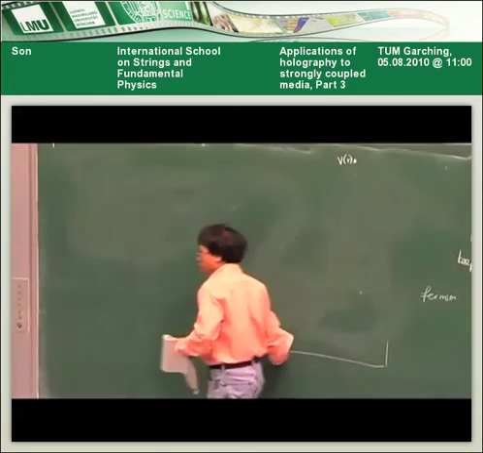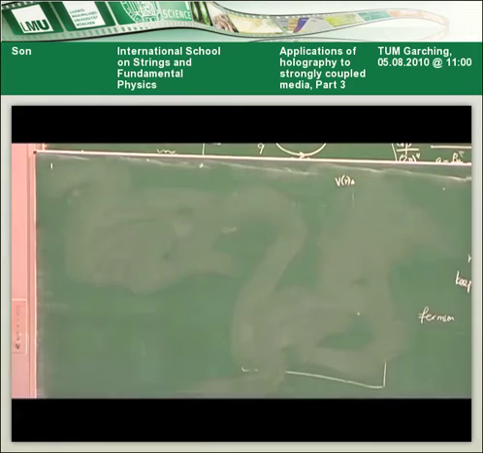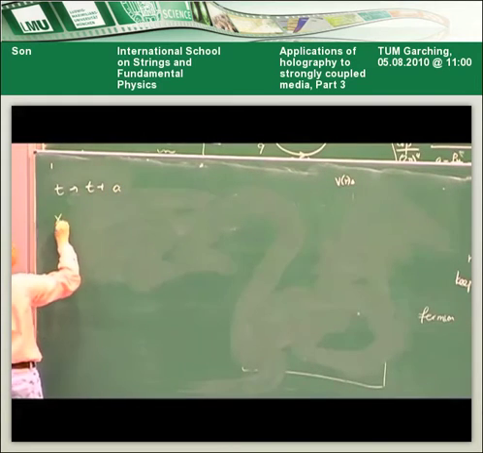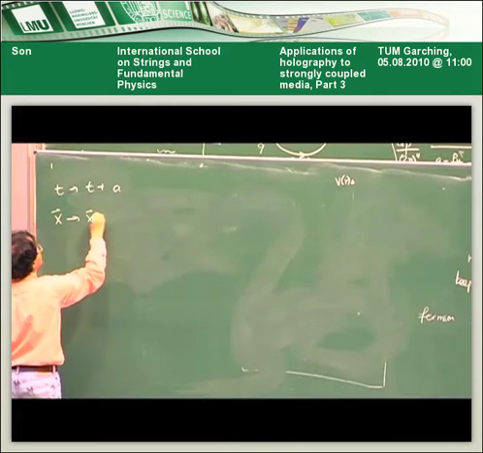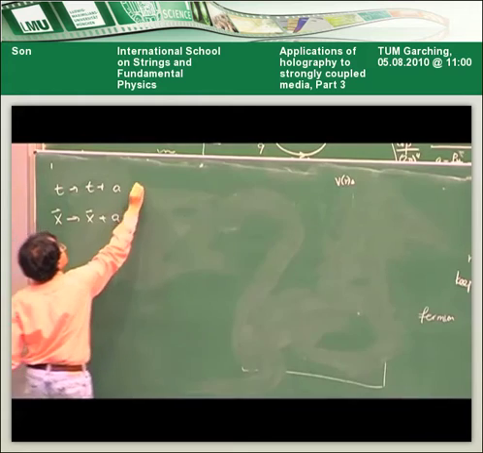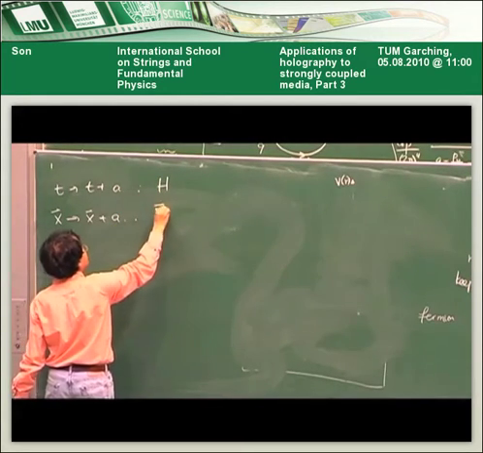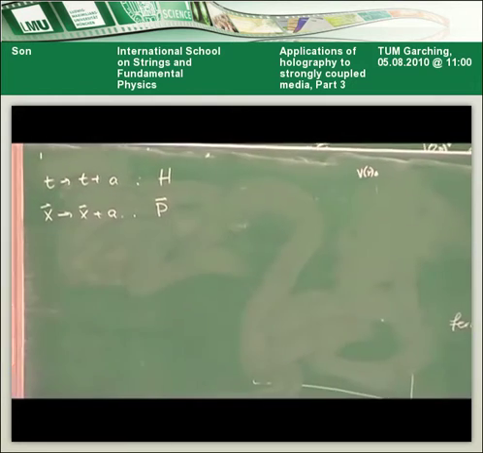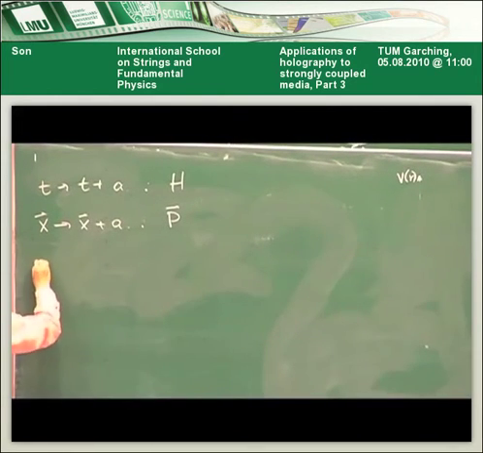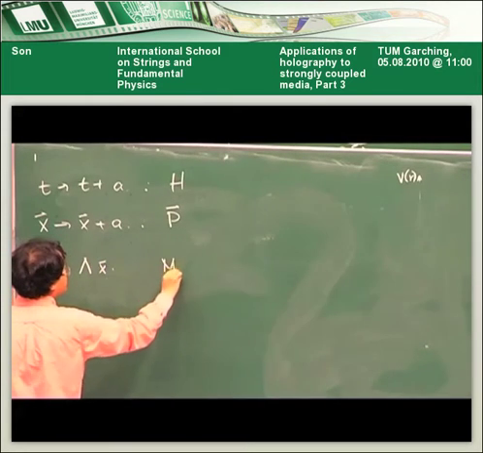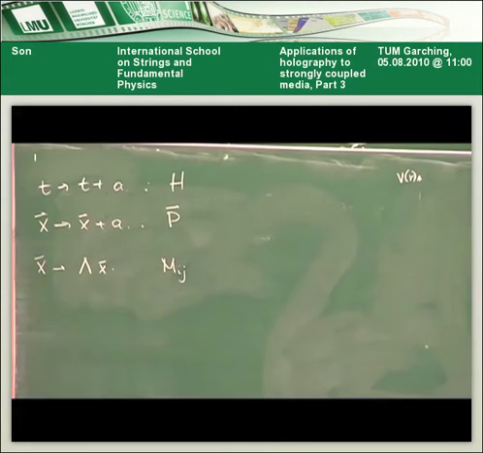Galilean invariance consists of the usual time translation, T goes to T plus A, or spatial translation. This one is related to the conserved Hamiltonian, energy. This one is related to the conserved momentum. There is also rotation that is related to the conservation of angular momentum.